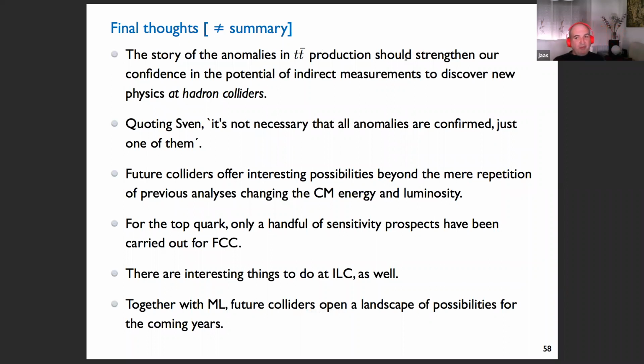So to finish, I will not make a summary. Instead, I will share my thoughts with you. First, about the anomalies. Well, it's apparently not new physics, but it makes me happy.